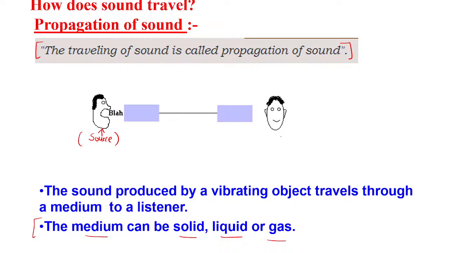We know that sound travels in the form of waves, and just now we have seen there are two types of wave, transverse wave and longitudinal, depending on the pattern created by the vibrating molecules around the source. The sound travels from the source to the listener in the form of this wave. There has to be something to carry this sound, and that's the medium which helps in propagation of sound.